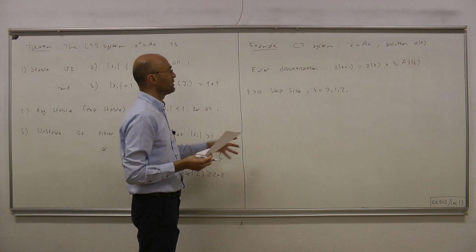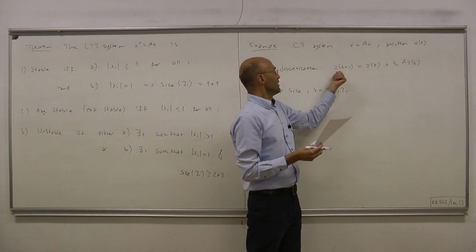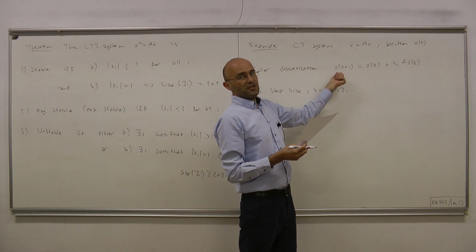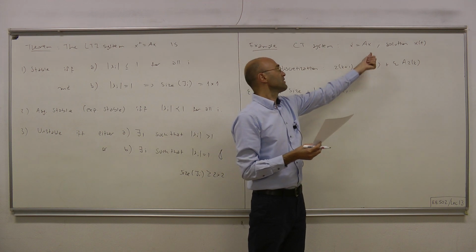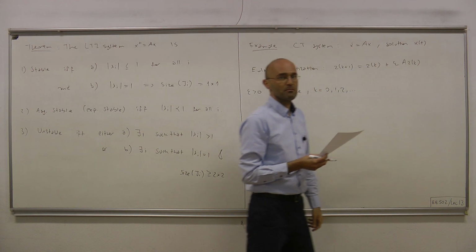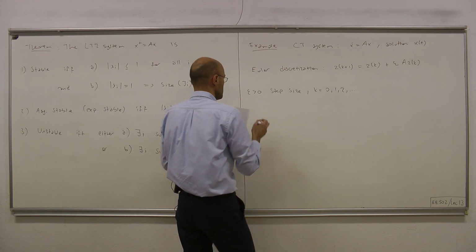Now, what's the relation between the evolution of this discrete time system, z of k, and this continuous time system, x of t? It's as follows.